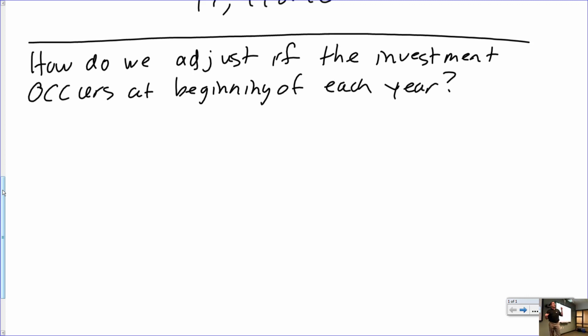So the earlier problem we just worked a second ago was assuming we're investing at the end, because that's what ordinary means, right? Investing at the end of each period. When it's an annuity due, now we're investing at the beginning.